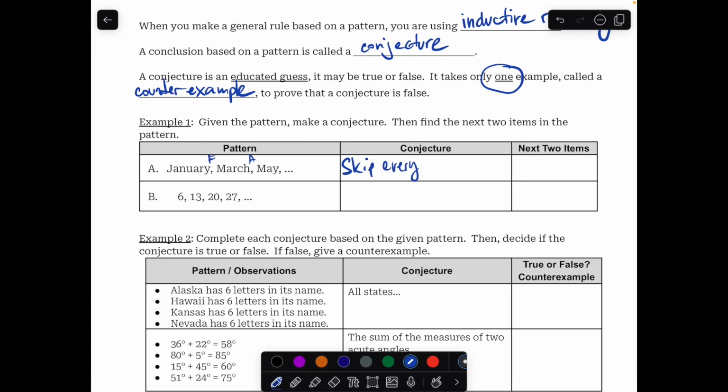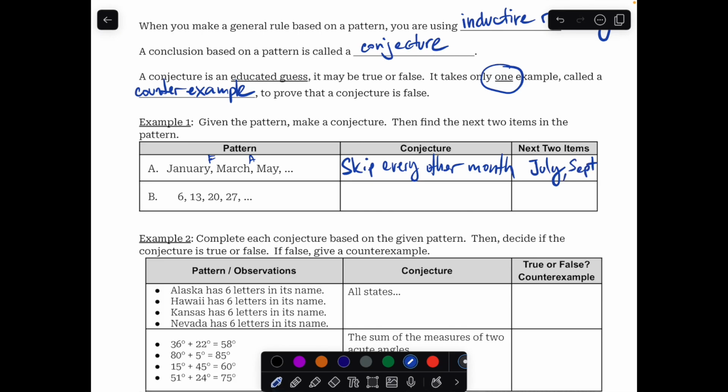So the next two items are based on our conjecture. After May, we skip June, go on to July, skip August, and then it's going to be September.